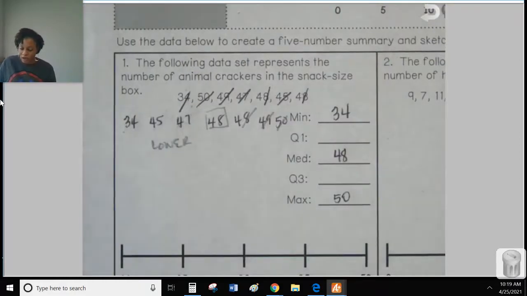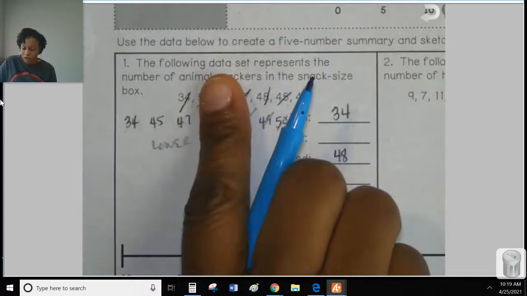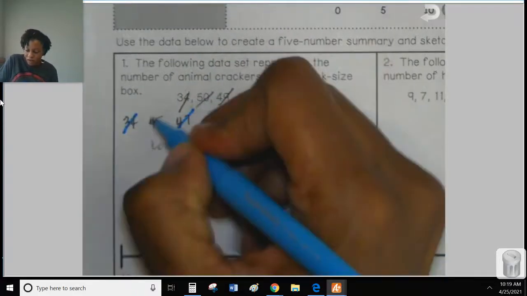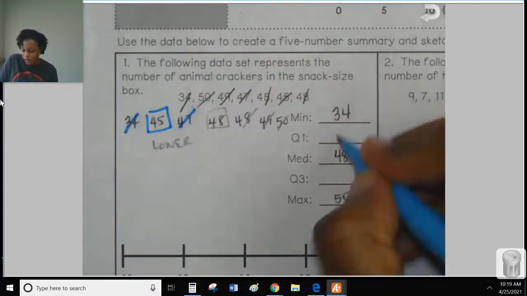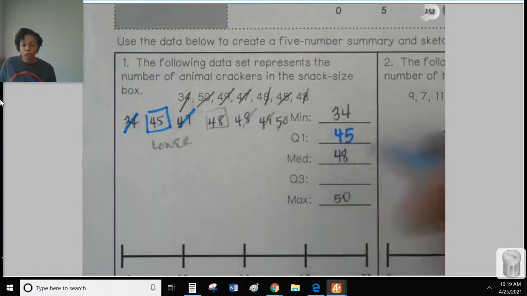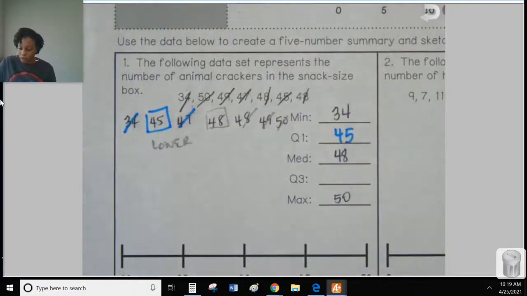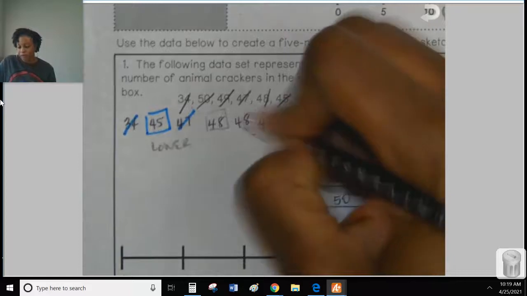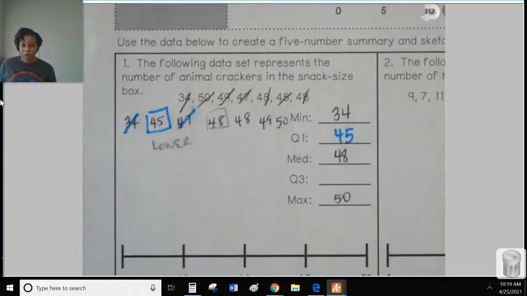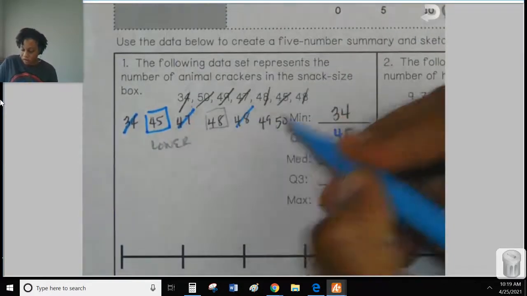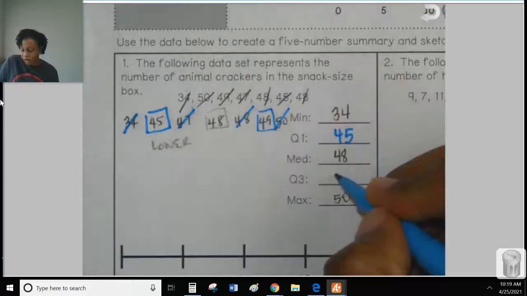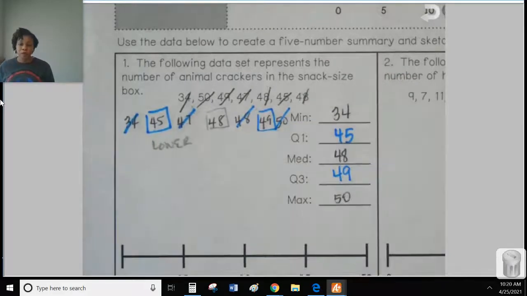So on this side, I'm going to have just these 3 numbers. I'm going to cross out, and then I'm left with 45. That's going to be Q1, my lower quartile. Then on the right side of 48, I have 3 numbers. I'm going to cross them out, and I'm left with 49. That's my Q3, or my upper quartile.